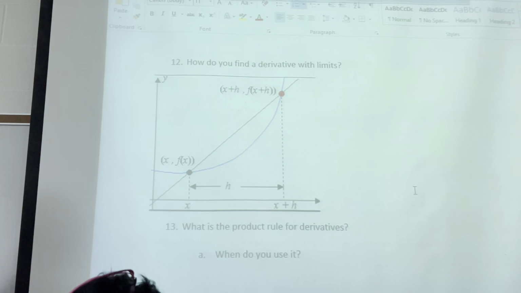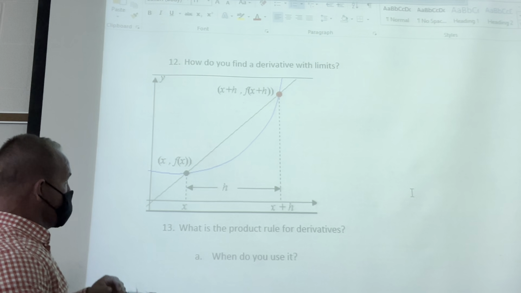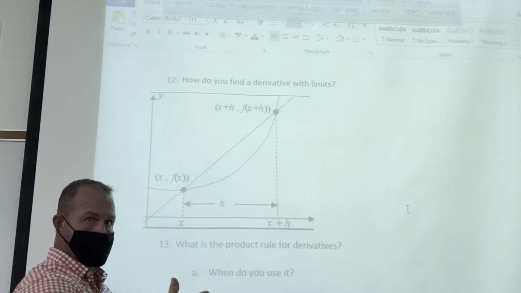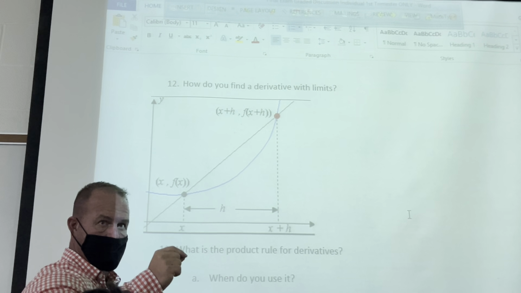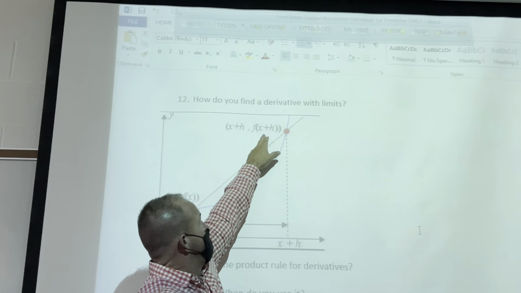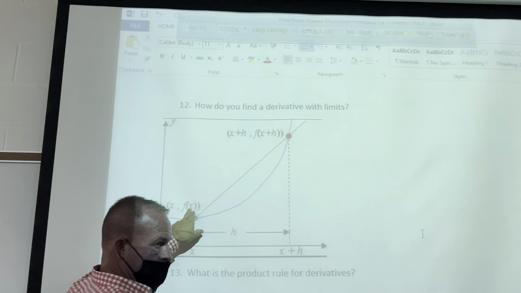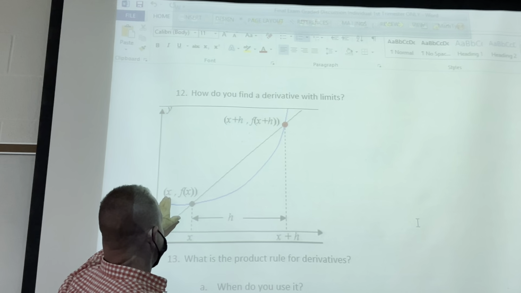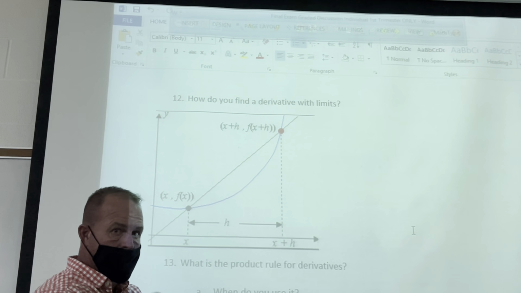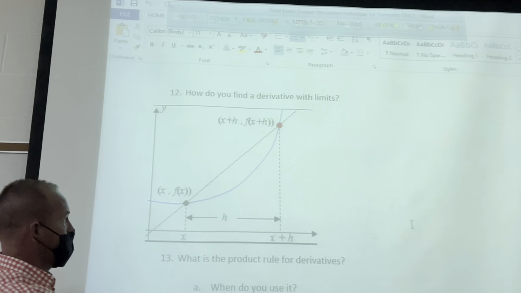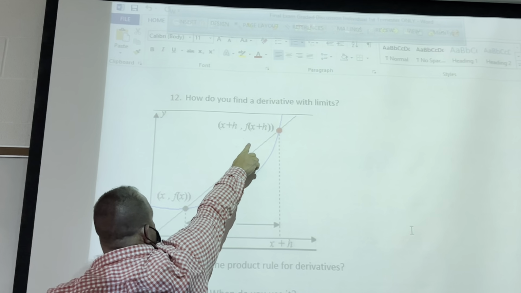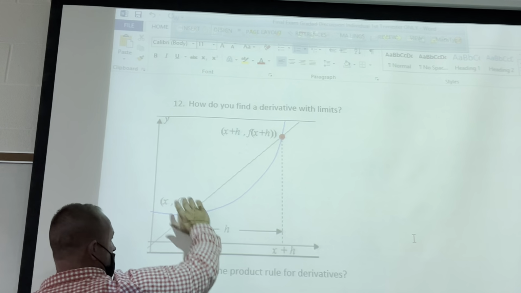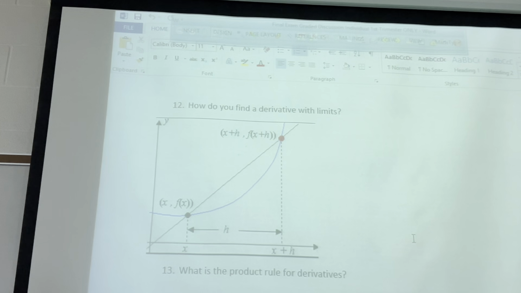That's what it's doing with derivatives. But the formula is just the change in y's over the change in x's. So it's the limit as h approaches 0 of f of x plus h minus f of x all over the change in x's. X plus h minus x, which is just h. So it's all over just h. So it's the limit as h approaches 0 of f of x plus h minus f of x all over h. Okay?